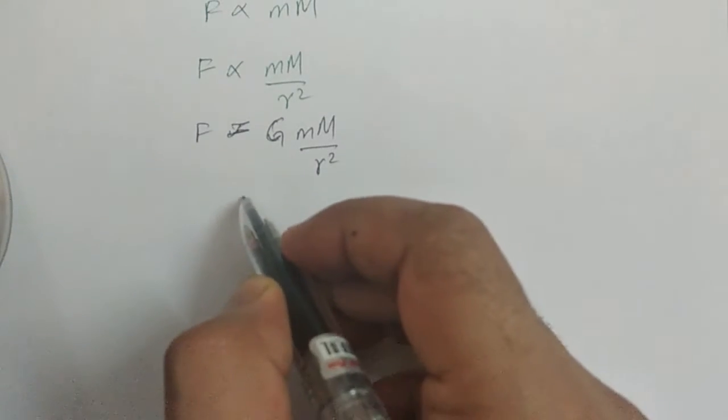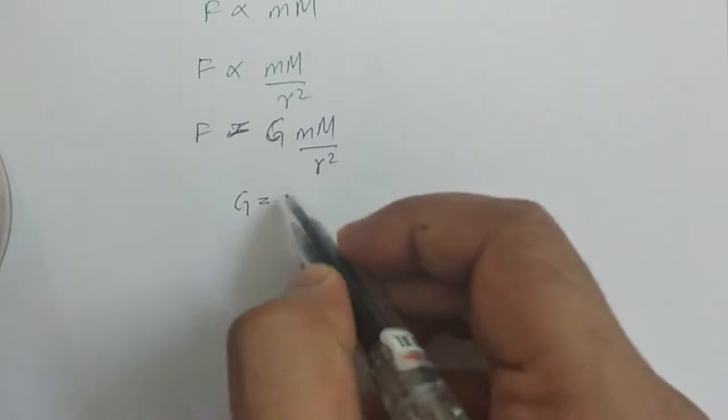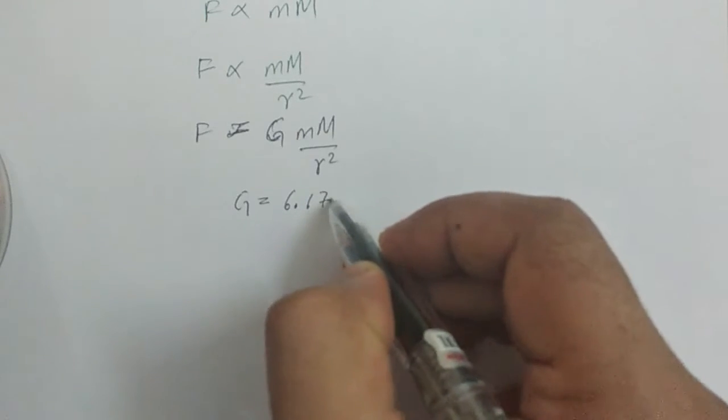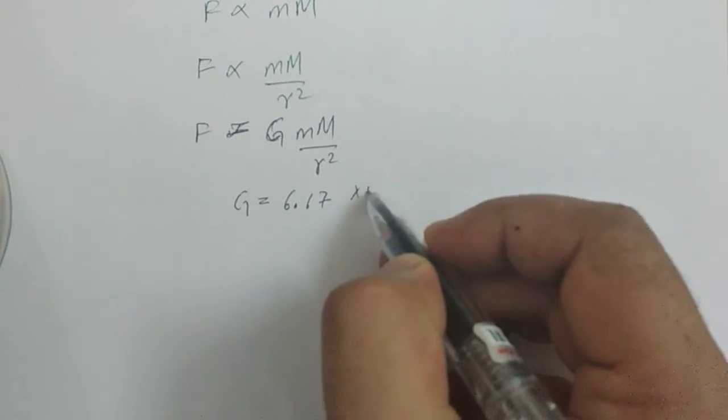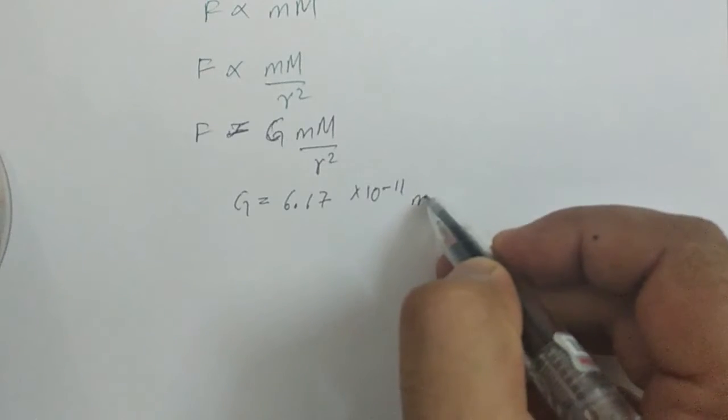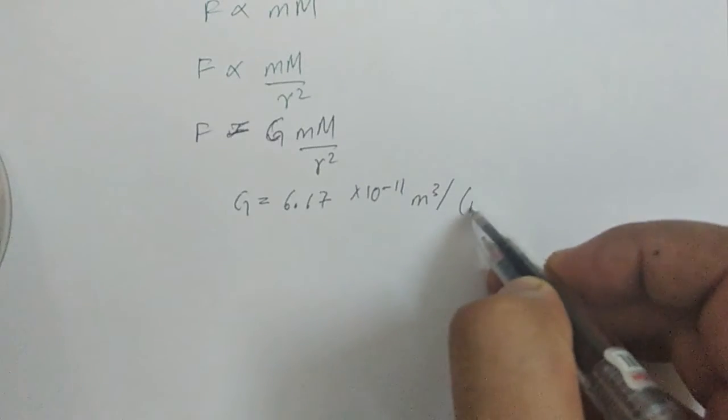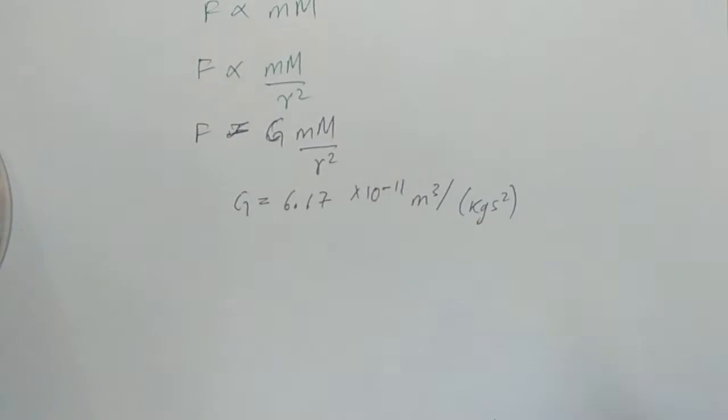The value of the universal gravitational constant is 6.67 into 10 power negative 11 meter cube per kg second square.